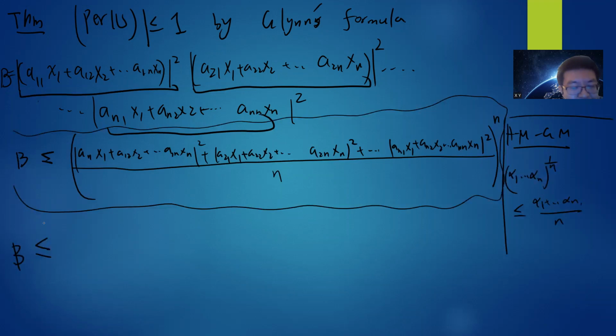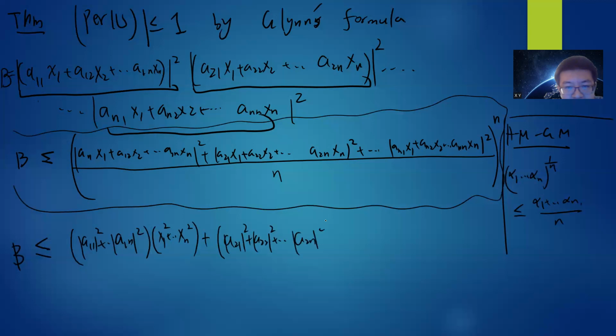So with Cauchy-Schwarz, the first term will be A11 squared up to A1n squared, and there are no square roots. Then x1 squared up to xn squared, plus A21 squared, A22 squared, up to A2n squared, and x1 squared up to xn squared, to the power n.